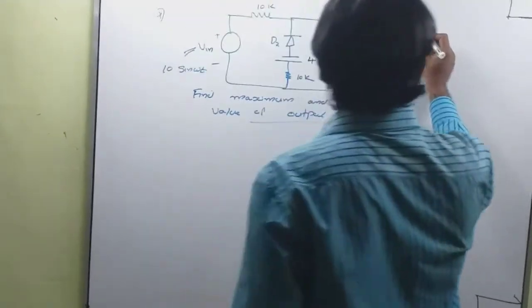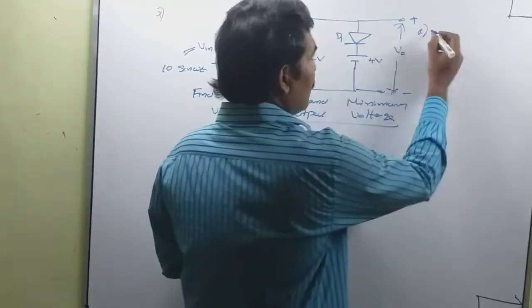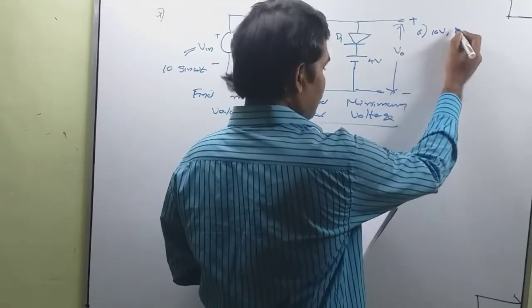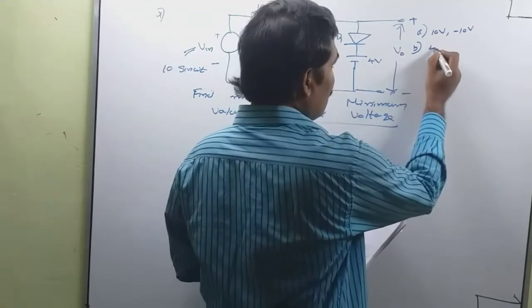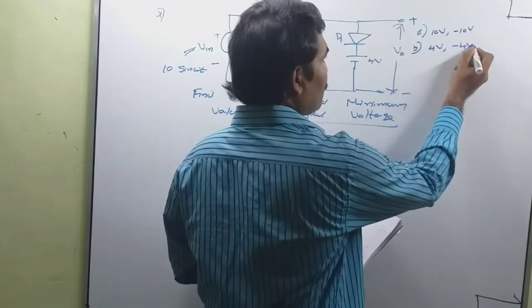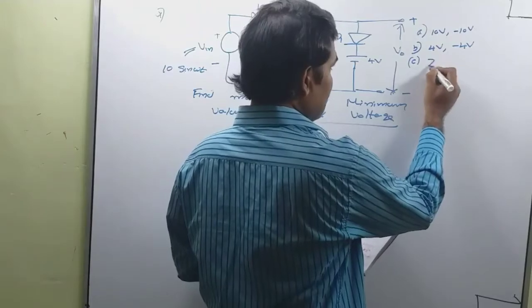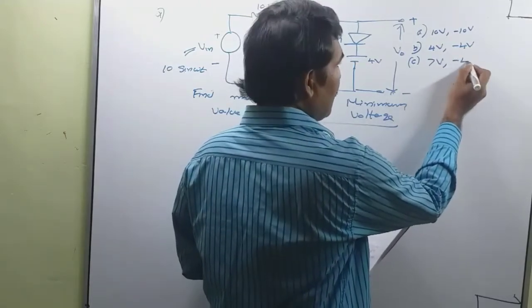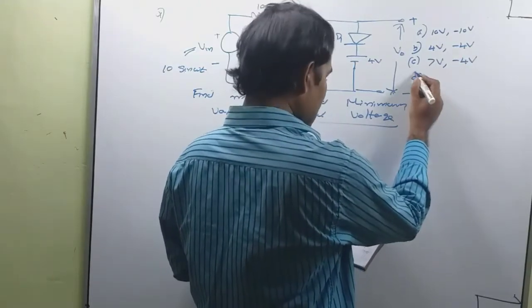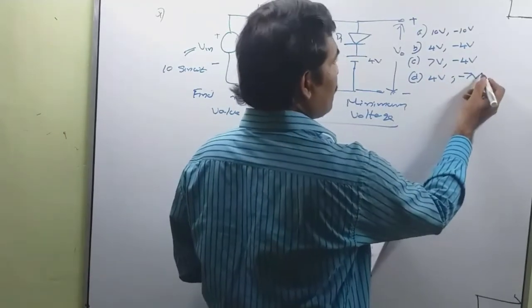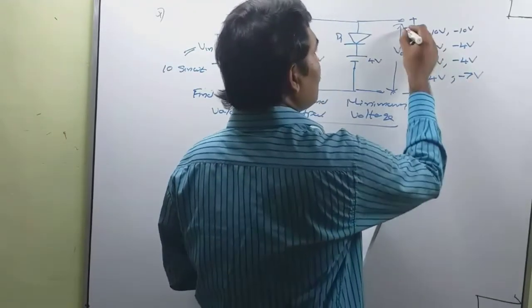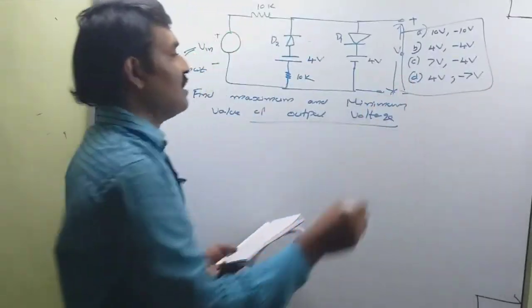Choices are given. Choice A is 10 volt and minus 10 volt. Choice B is 4 volt and minus 4 volt. C is 7 volt and minus 4 volt. And option D is 4 volt and minus 7 volt. These are the options given.